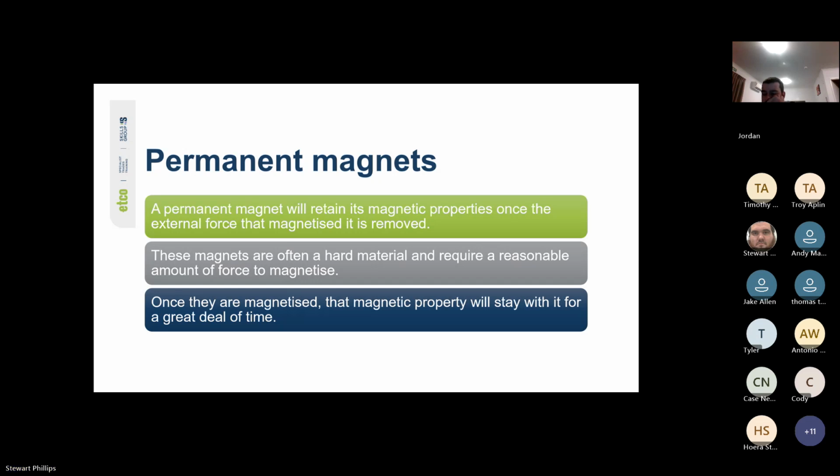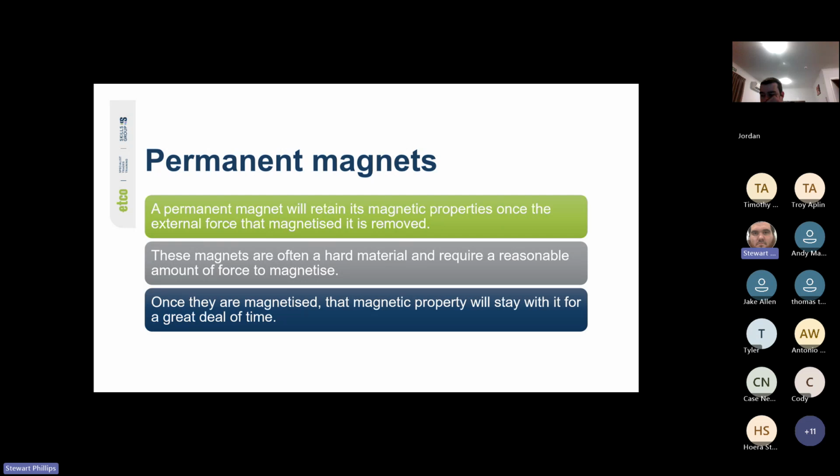When we talk about ferrous or Fe materials, ferrous is the Latin or Greek, I can't remember which, name for iron. If you look at the periodic table, you'll see that iron is represented by the term Fe. Because iron is the first material they found that could be magnetized and stay magnetized, they deemed that any material that could become magnetic is a ferrous material.